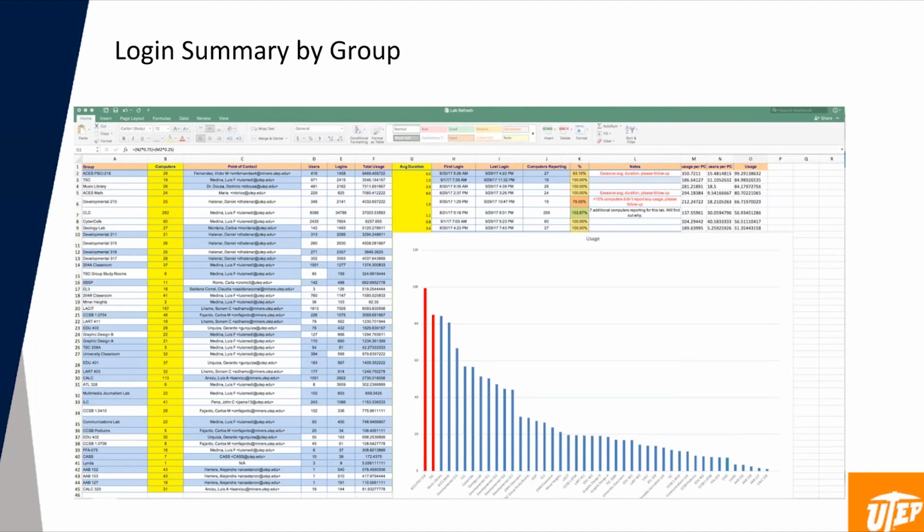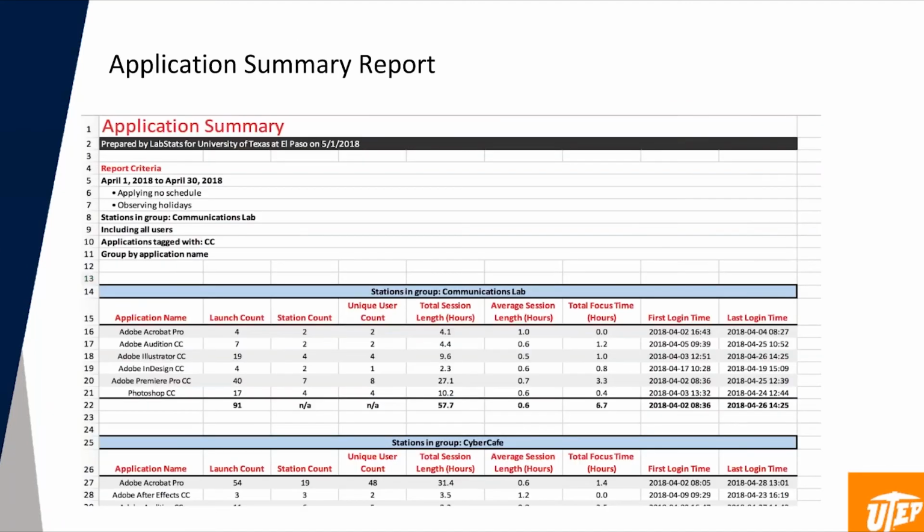Another thing that we utilize, because we want to make sure that we're getting needs, is of course the application summary report. As I'm sure most of you know, Adobe has continuously been changing licensing, and that's been a big challenge for us to make sure that we're making the software available to our students, but also at minimal cost, because Creative Cloud's not cheap.